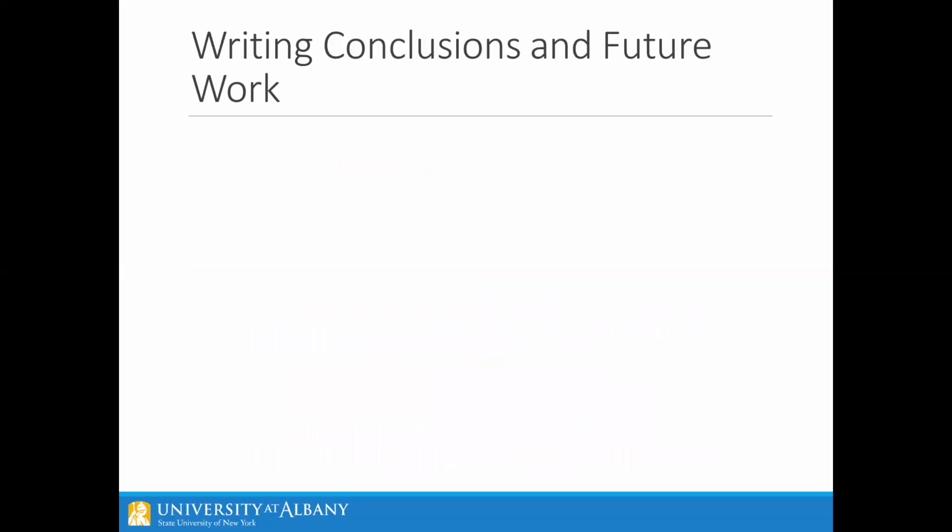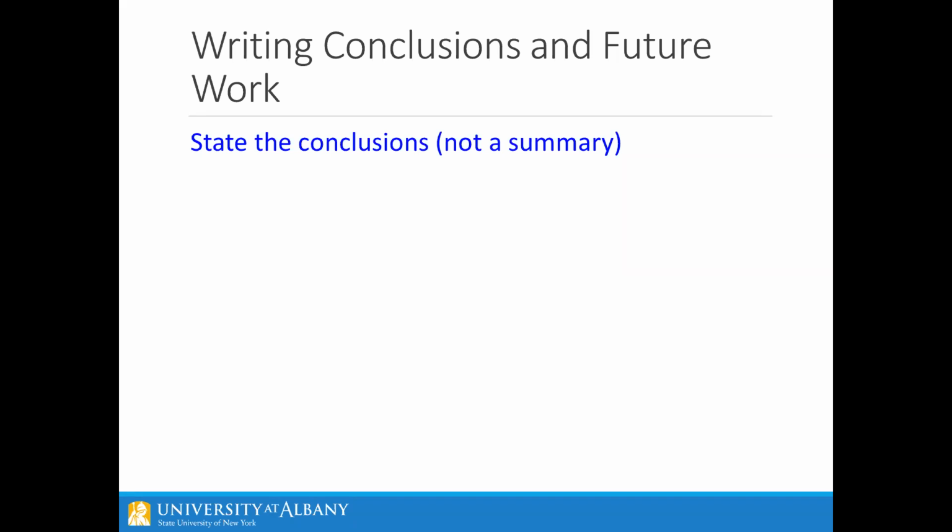Okay, then we come to the conclusion and future work section. In conclusion, we should state the conclusions, not summaries. Many times we see that the abstract and conclusion look like the same but written differently.